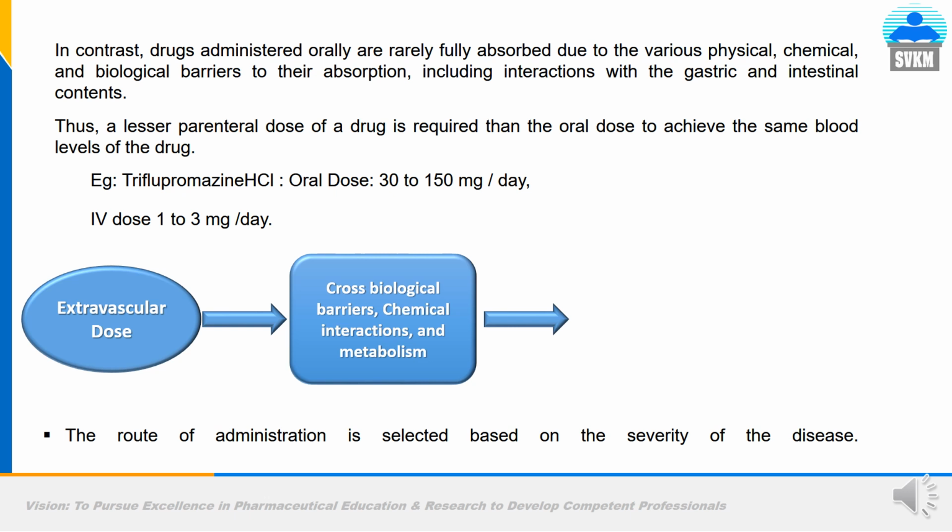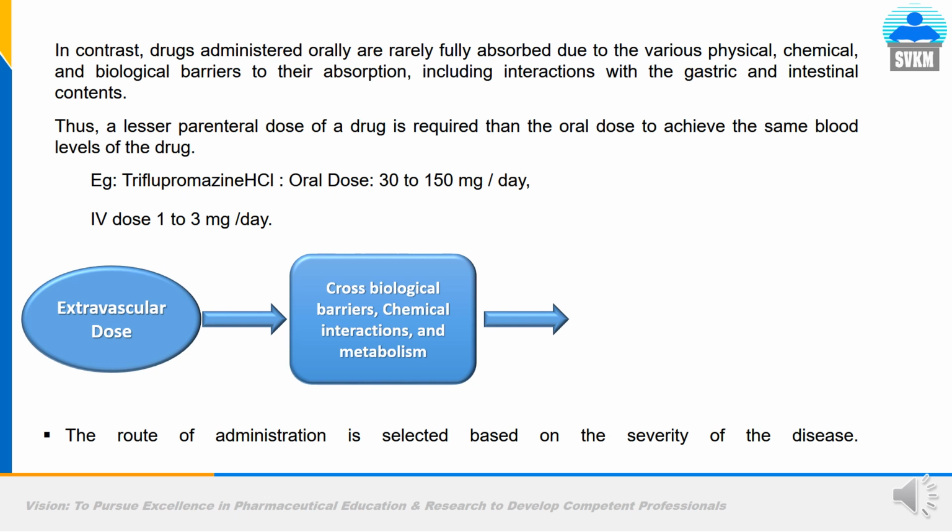For example, triflupromazine HCl, that is a drug, when you administer via oral dose and IV dose, the dose concentration is different. Here via oral route we require 30 to 150 mg per day. For the same drug, when you administer via IV route, it requires only 1 to 3 mg per day.